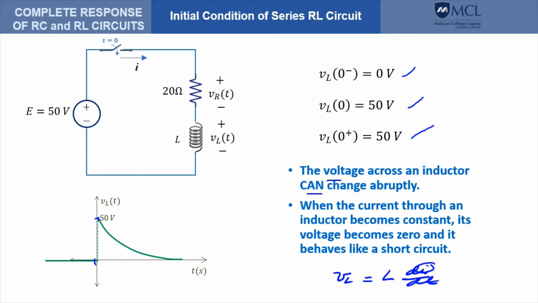If I is a constant, this should be equal to 0, and that should give us VL equals 0. And if the voltage is 0, that would mean this element is like a short circuit. That is the behavior of the inductor when the voltage becomes 0.